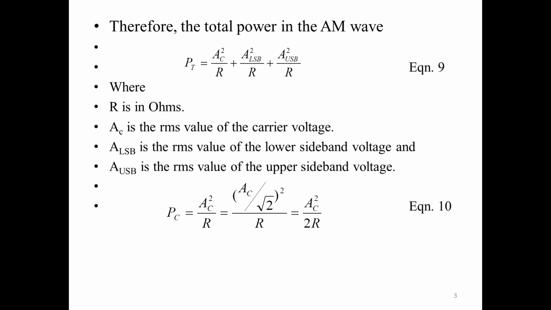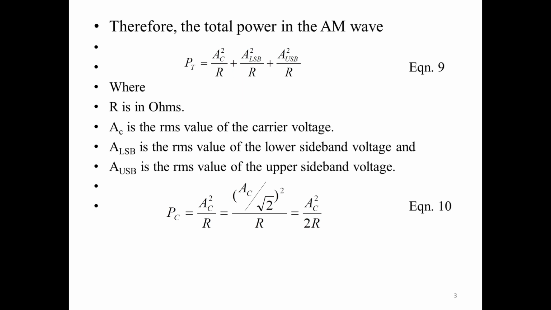Equation 9, very important. Where R is in ohms, AC is the RMS value of the carrier voltage, LSB is the RMS value of the lower sideband voltage, and AUSB is the RMS value of the upper sideband voltage.